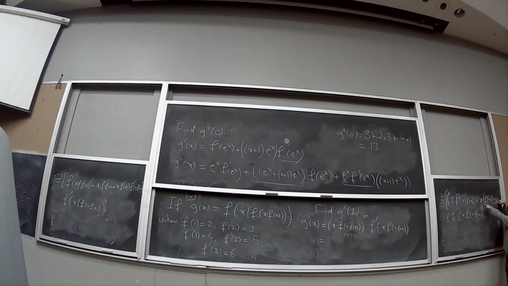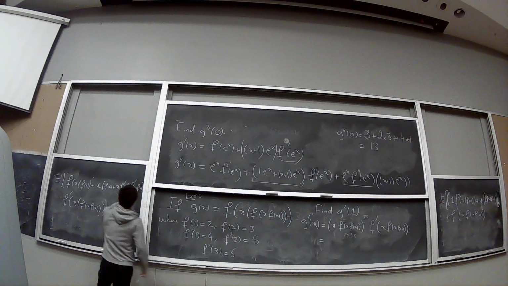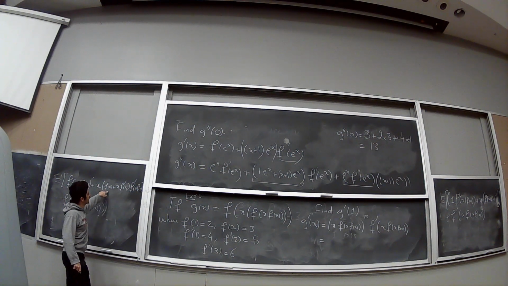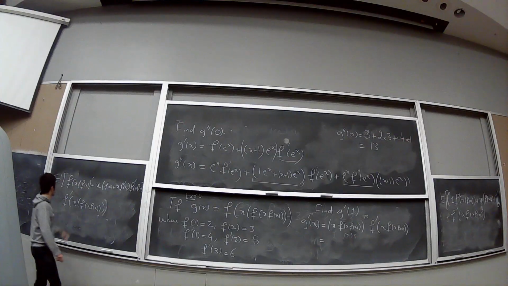I'm missing the derivative of this thing, right? What's the derivative of this thing? It's the derivative of the inside times f prime of this thing. So I have f prime of this thing here. I need the derivative of x f of x. Derivative of x is 1 times f of x plus x times derivative of f. Product rule. And that's what I get.